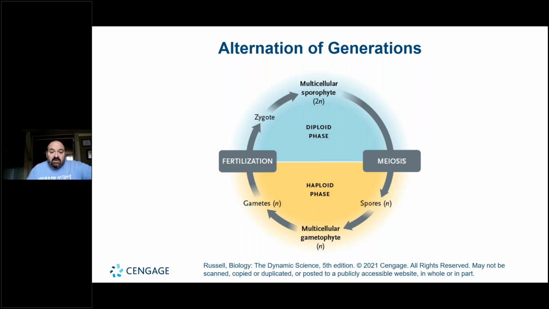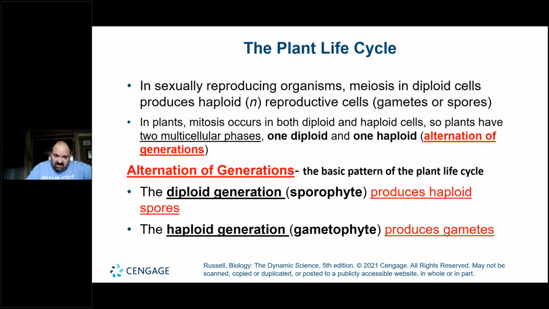This is very important, and you should have a good working understanding of this. And we're going to go back to the slide here and see that whether we're looking at basic plants or more complex plants, we're going to see this alternation of generations, the basic pattern for the plant life cycle, and that's why I'm asking you to memorize it.